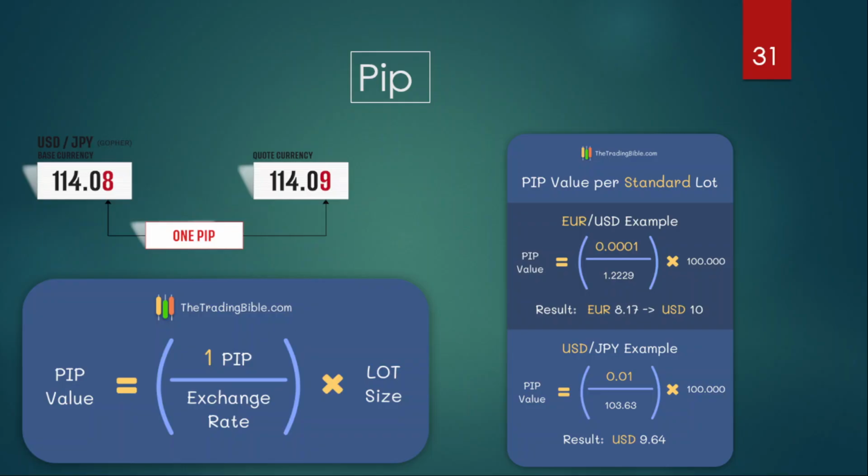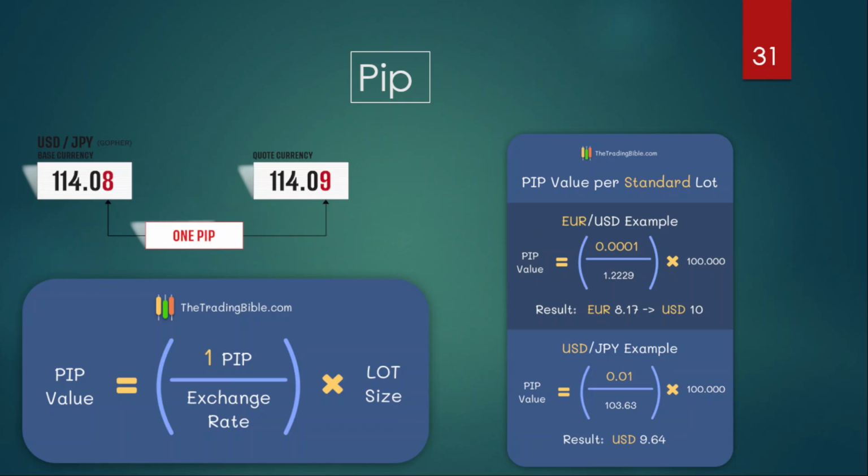So we have different pip values for different currencies, depending on whether they are major currency pairs, cross currency pairs, or commodity pairs. They have different pip values depending on what they are.